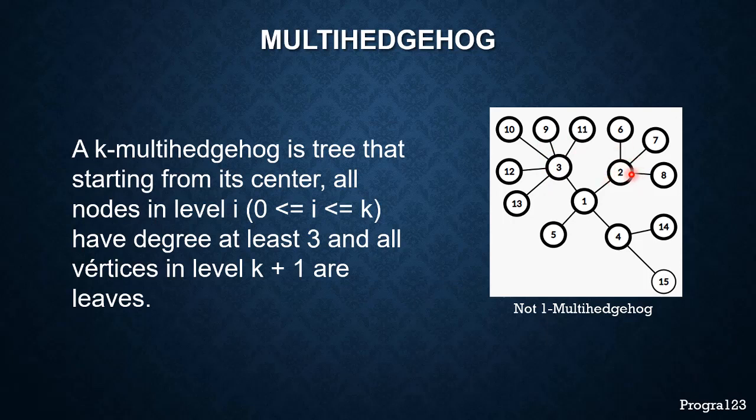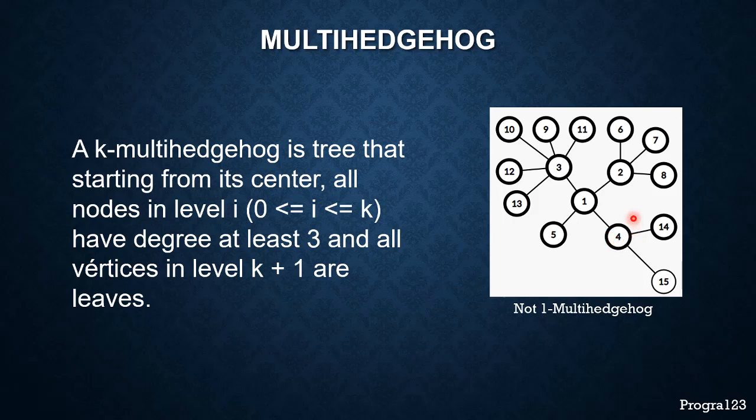For vertex 2 we have a degree of 3, it's still a hedgehog. And for vertex 4 we have a degree of 2. You may say, well, we have this other edge here. Yeah, but we don't count that. We only count the edges that are not coming from the center.